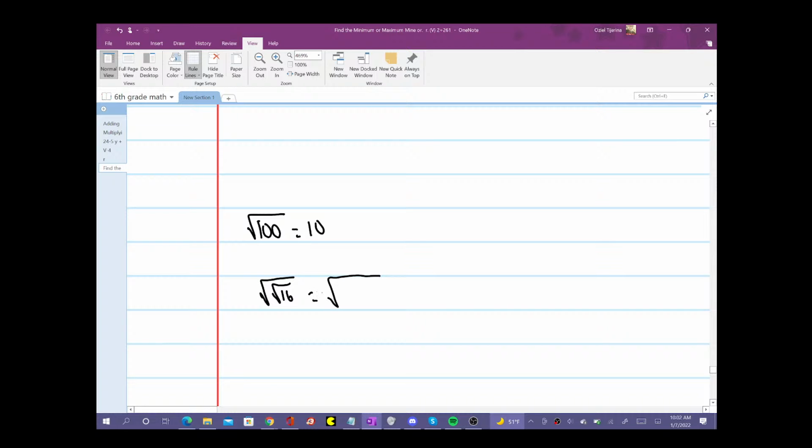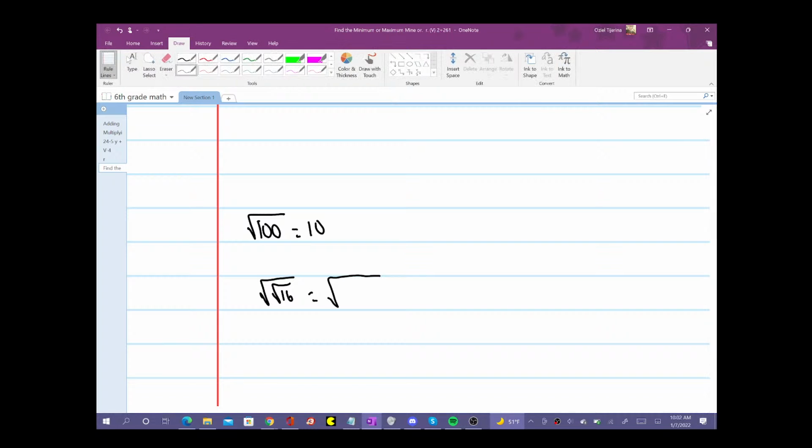So basically the way that I do it is the square root of the square root of 16, which is equal to the square root of 4, which is equal to 2, right? So that is how you do that, right?